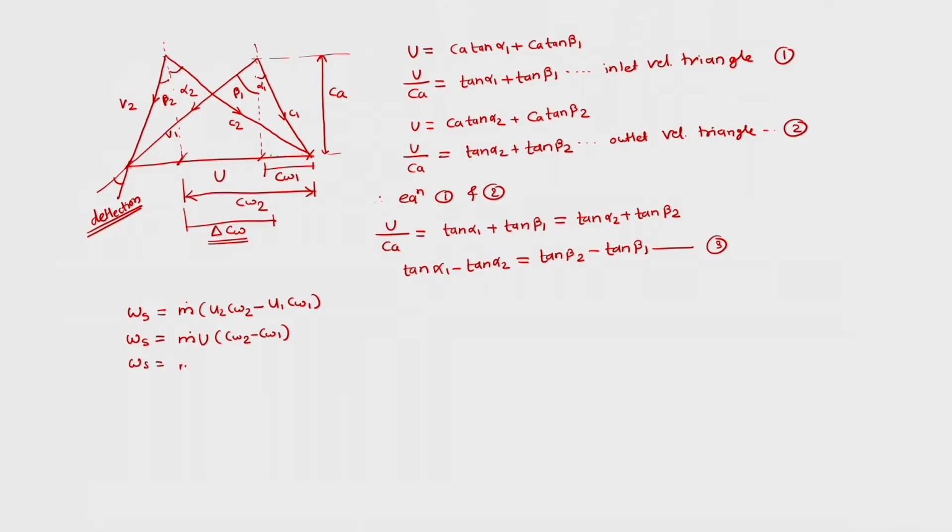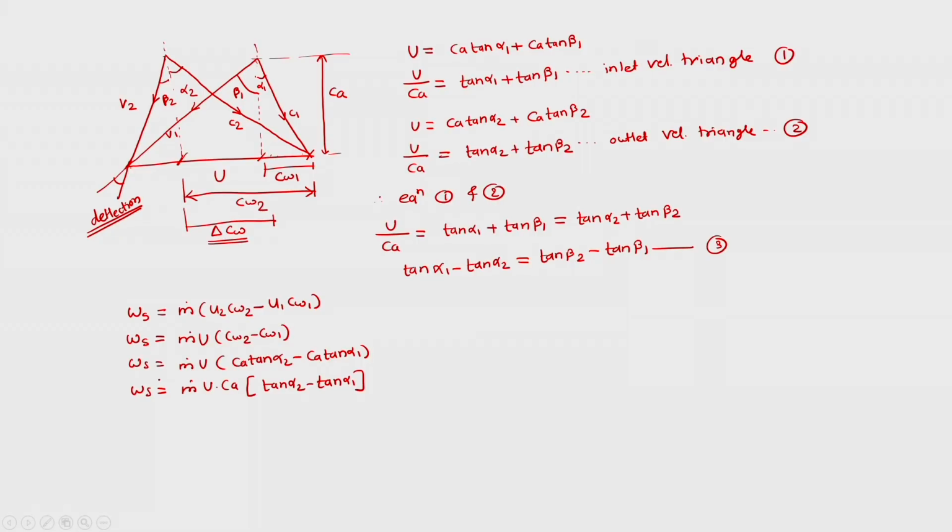So Ws is equal to m dot U CA tan alpha 2. What is CW1? It is CA tan alpha 1. So we have Ws is equal to m dot U into CA, and then we have tan alpha 2 minus tan alpha 1.